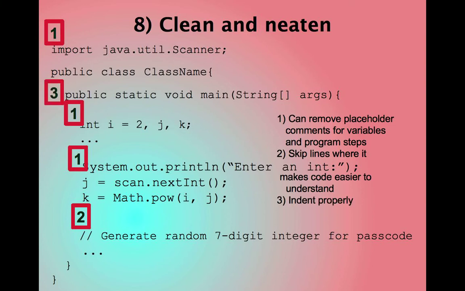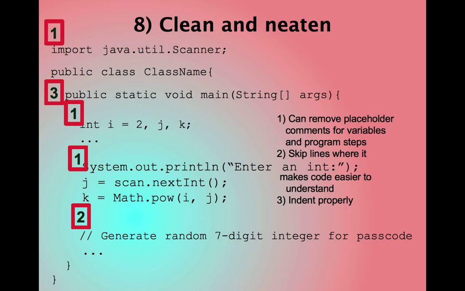And finally, we want to indent our code properly. Notice that our class sandwich is more or less flush with the left side of your screen. The main sandwich is about 2 spaces to the right of that. And then the actual code inside the main sandwich is further indented.